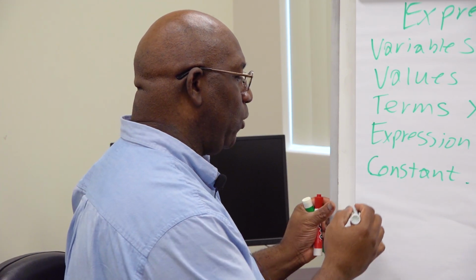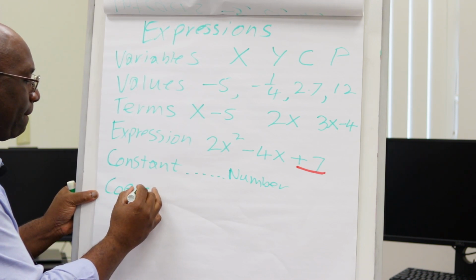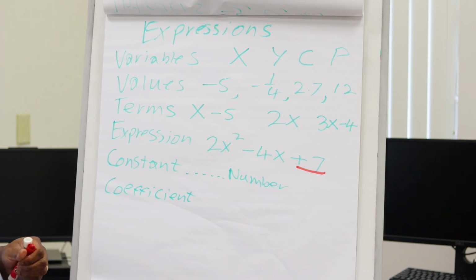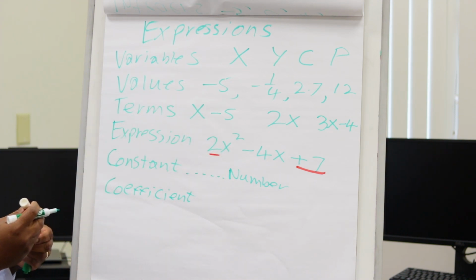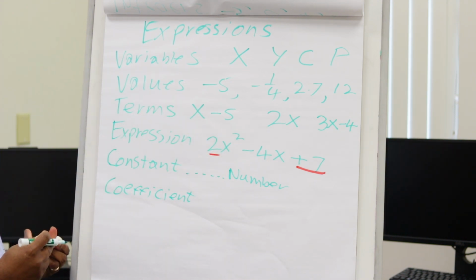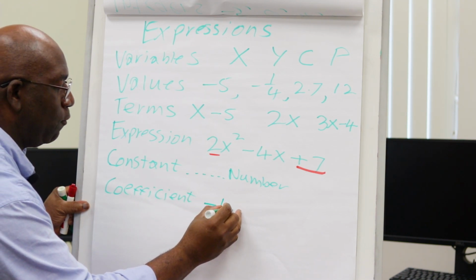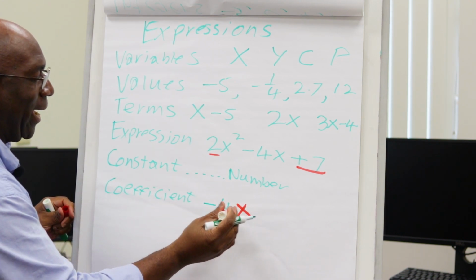The last thing that you will look at is something called a coefficient. The coefficient in this term is the 2. For example, a coefficient would be -4 in -4x.